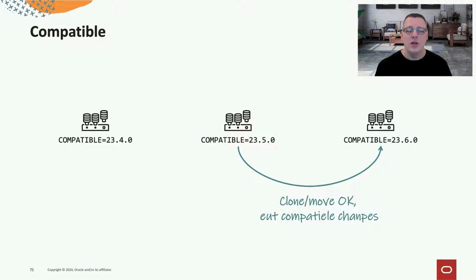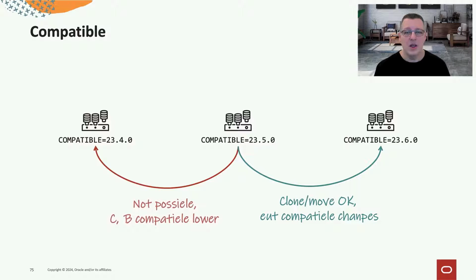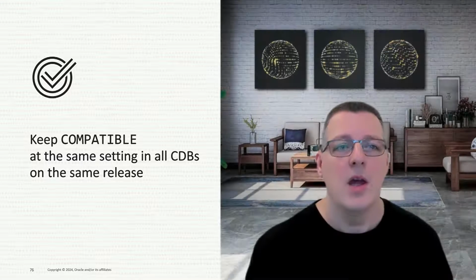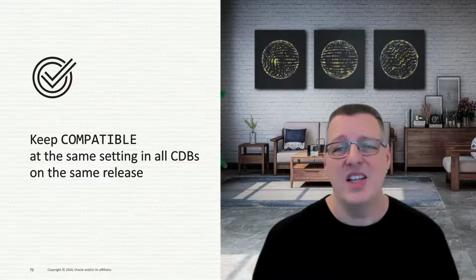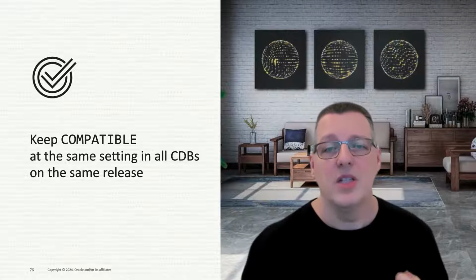If you are moving from the CDB in the middle, 23.5.0, to the CDB on the right, 23.6.0, it's fine. But if you need to move to the CDB on the left, it's not possible because the compatible is lower. So keep compatible at the same setting in all CDBs on the same release.